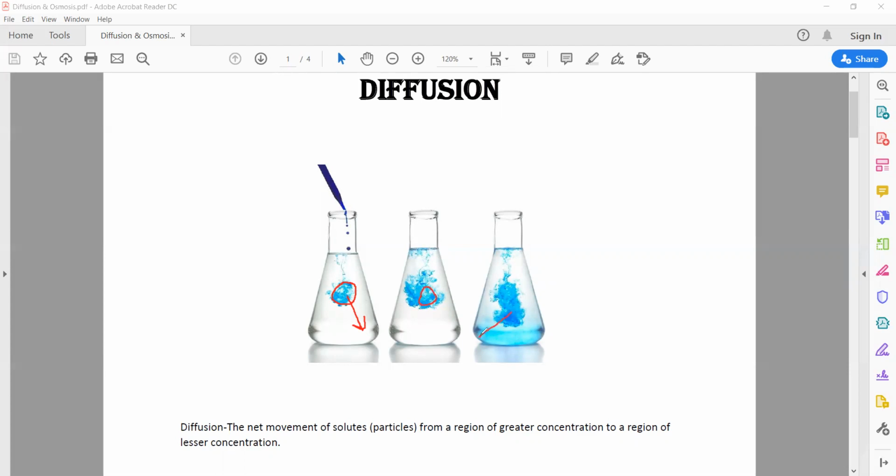And again, they continue to move out until eventually this whole beaker is equalized and there is no area of greater or lesser concentration. It's all equal concentration. So again, diffusion is the movement of solutes or particles from a region of greater concentration to a region of lesser concentration.